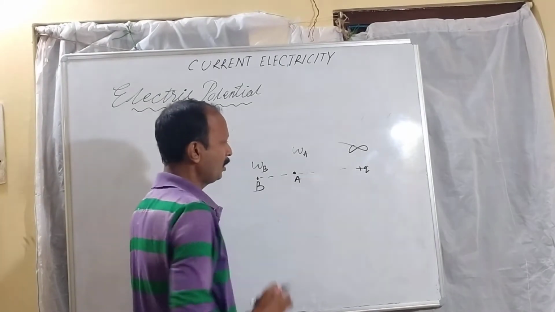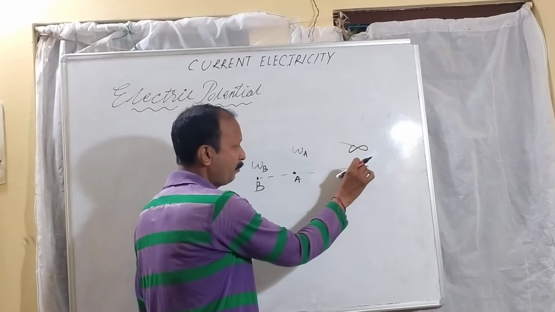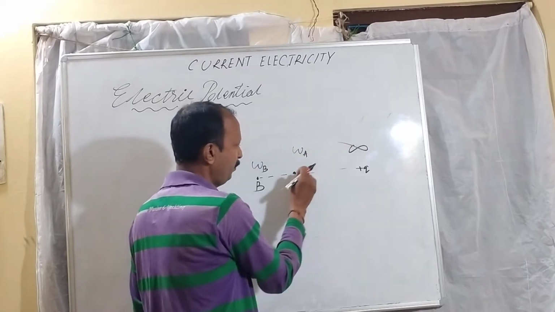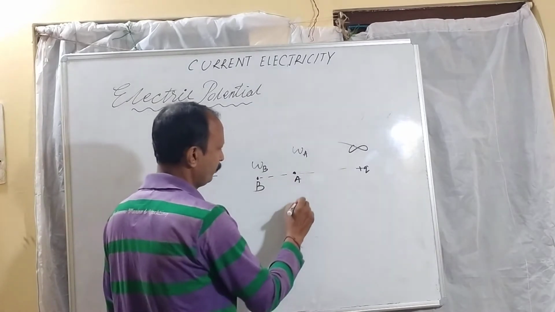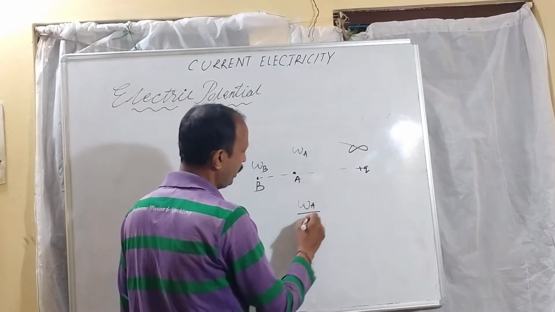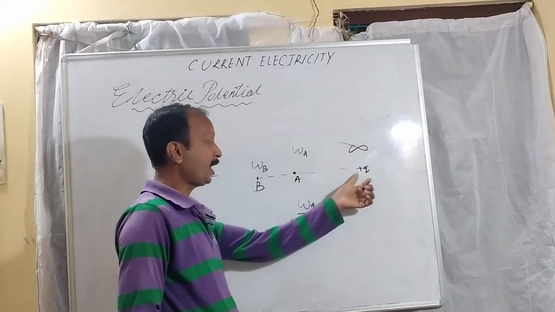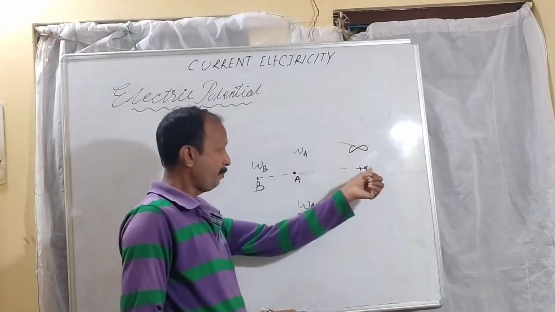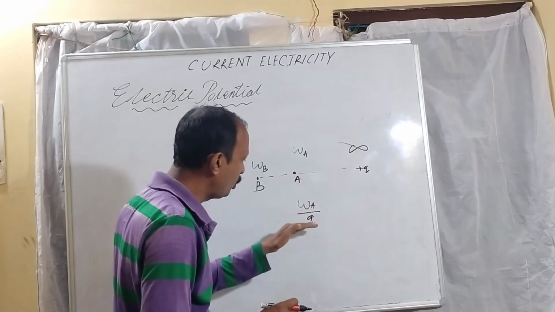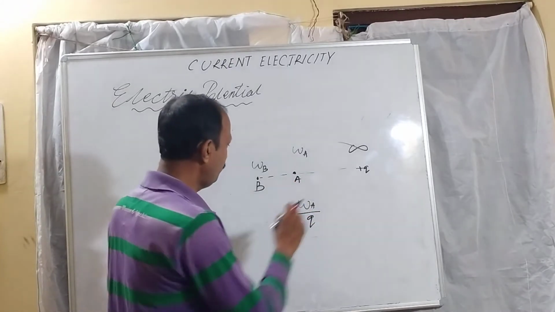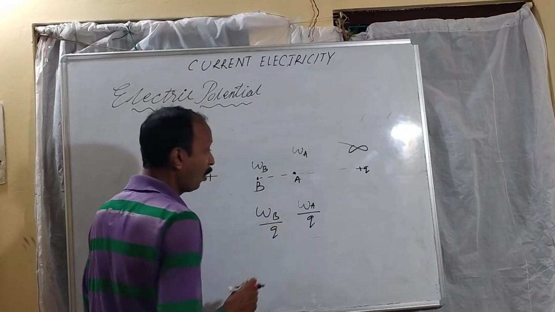The work done for bringing this small positive charge from the point of infinity to this point, suppose that is WA. Now that WA I shall divide by the charge Q. The charge that I am taking from infinity to this point, Q, if I divide, I shall get WA by Q. Similarly, here I can get WB by Q. What am I doing?